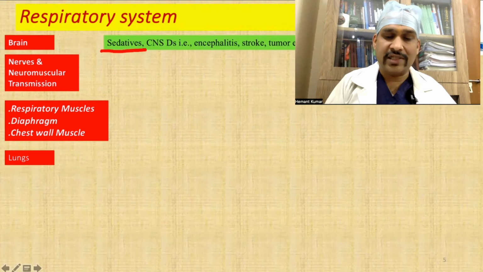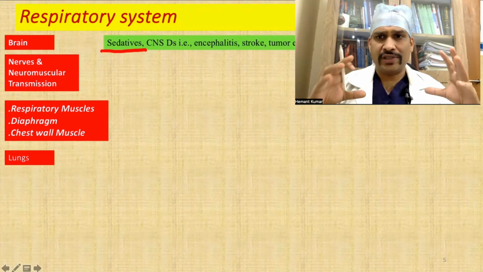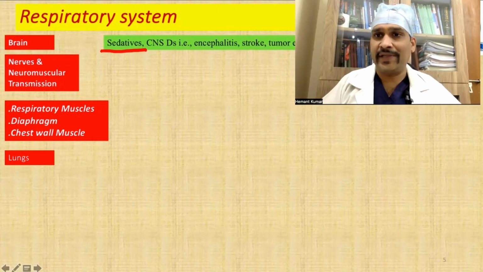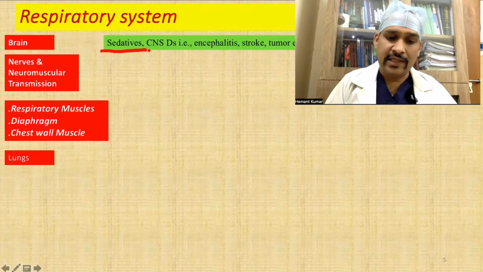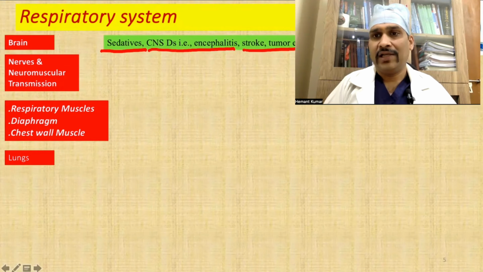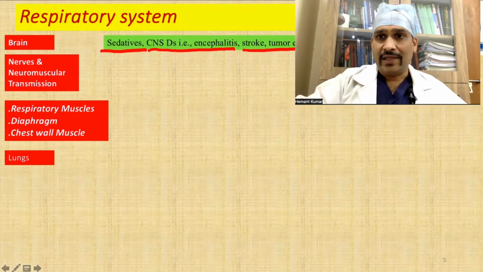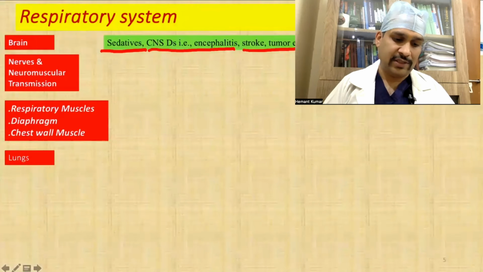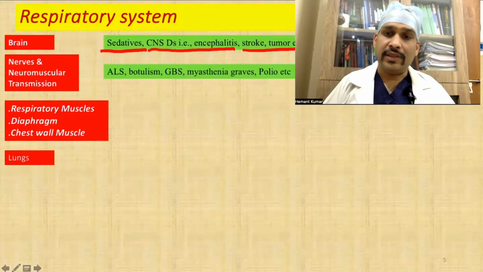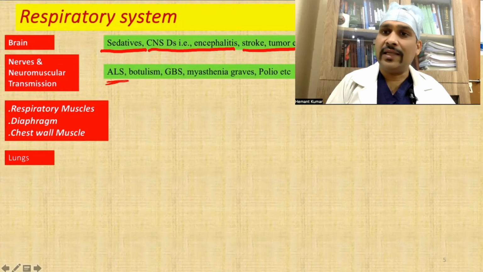Either we are using sedatives, meaning the brain is not sensing what is happening in the respiratory system and so not sending signals properly, or any CNS disease like encephalitis, stroke, or tumor. These conditions make the brain unable to send signals to the respiratory system. Another cause is any problem in the nerves and neuromuscular transmission: ALS, botulism, Guillain-Barré syndrome, myasthenia gravis, polio.